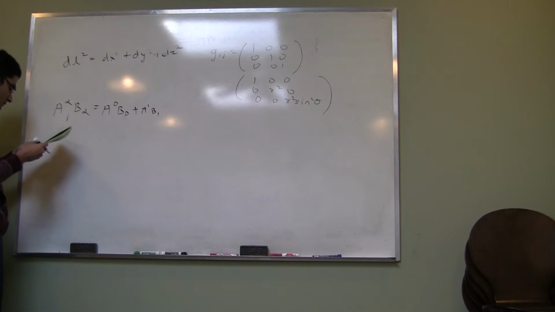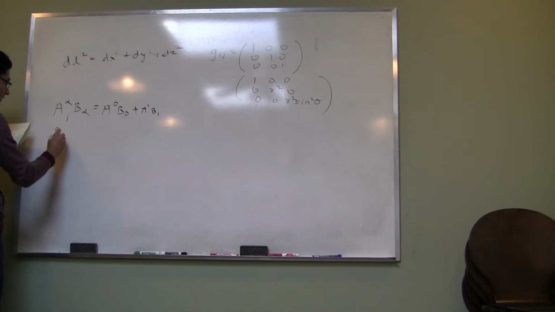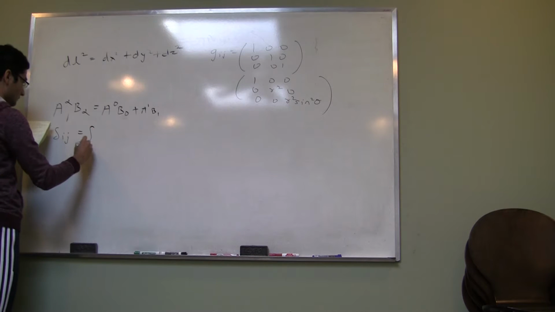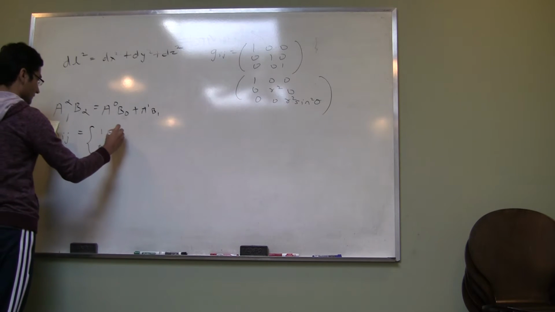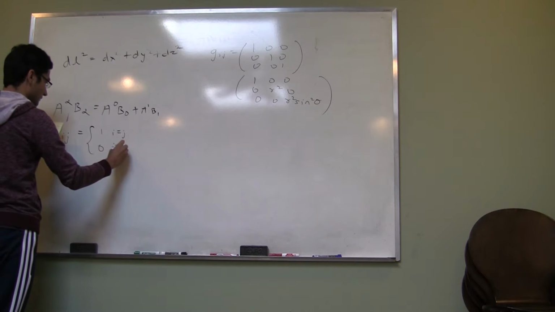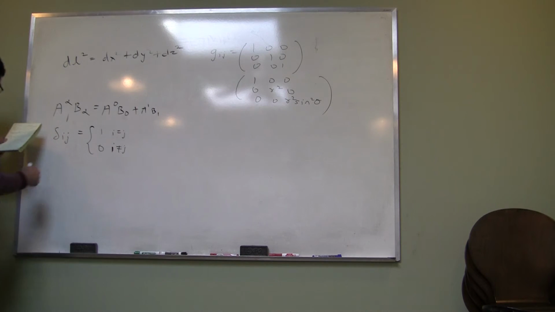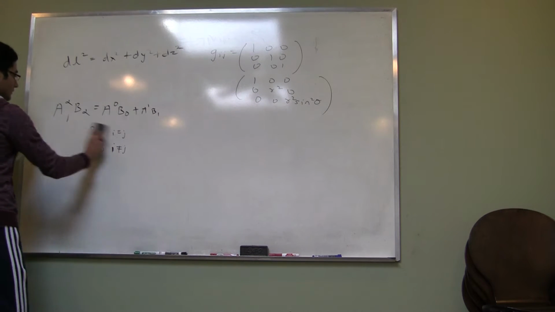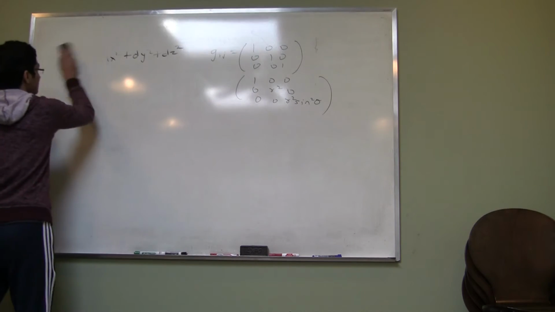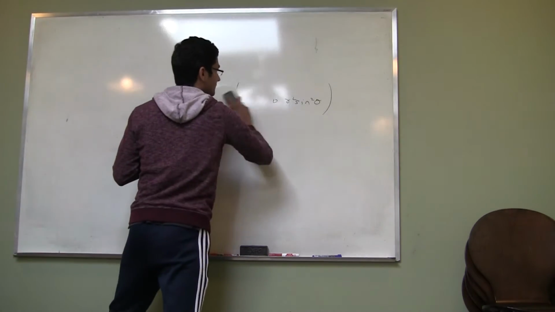And the Kronecker delta delta ij equals 1 if i equals j, and 0 if i is not equal to j. Just repeating for the sake of completeness.